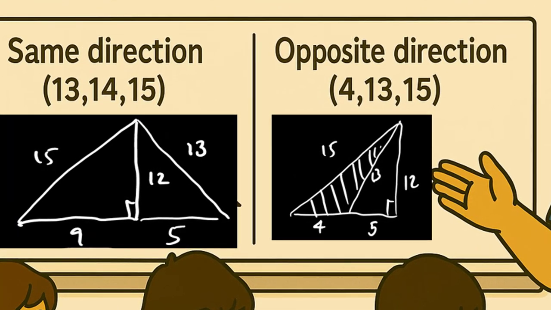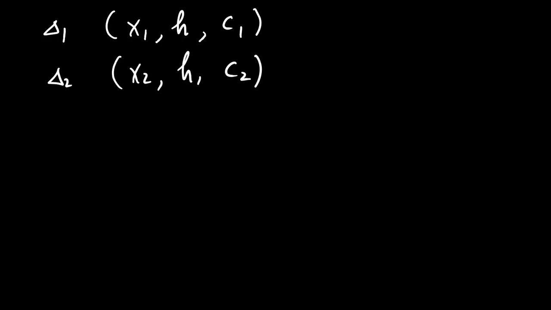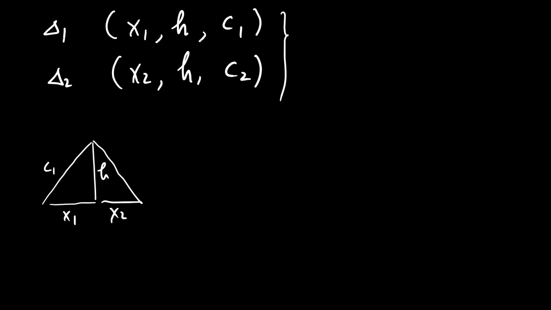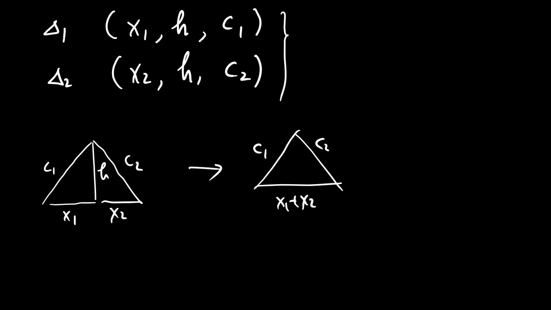In general, if there is triangle 1 with side length x1, height h, and c1, and triangle 2 with x2, h, and c2, we can have two triangles from here: x1 plus x2, c1, and c2 by gluing.